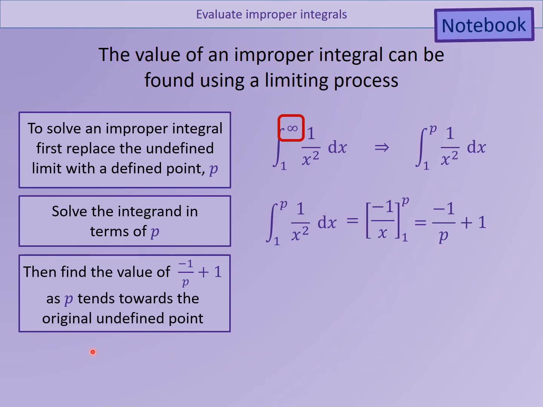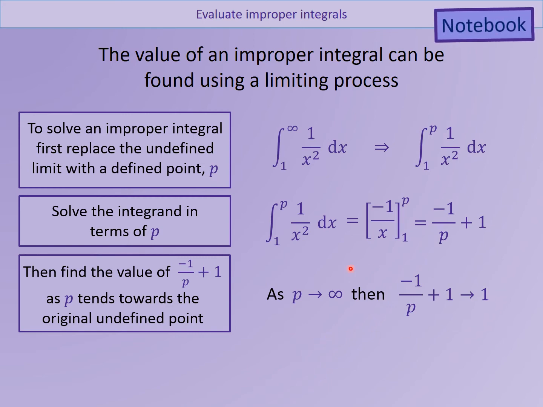We know that the 1 over P part is going to start tending towards 0. Because 1 over P tends towards 0, minus 1 over P would tend towards 0, and you'd end up with 0 plus 1. So as P tends towards infinity, this bit gets ridiculously small. This bit is your number 1, so it's getting closer and closer, but never quite reaches the number 1.